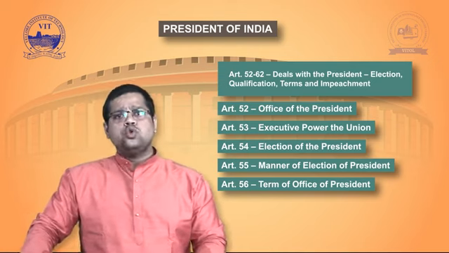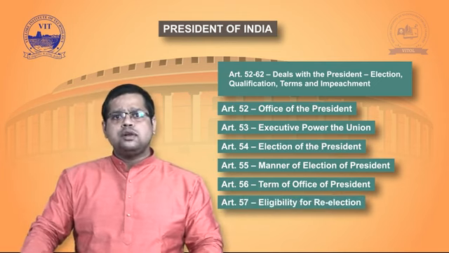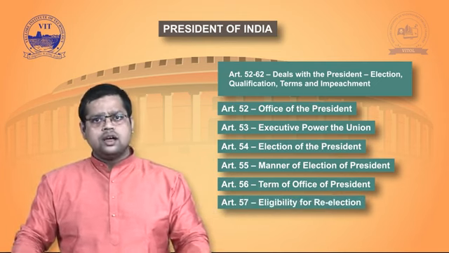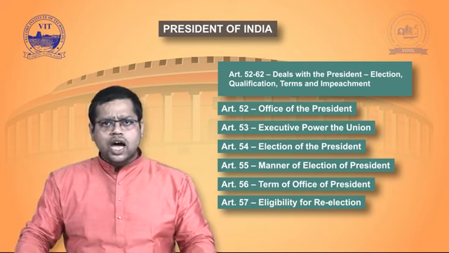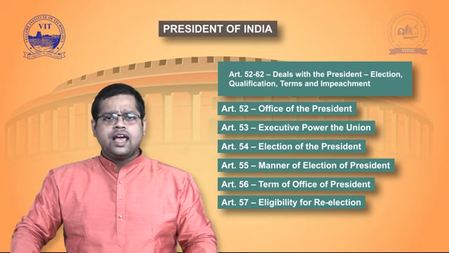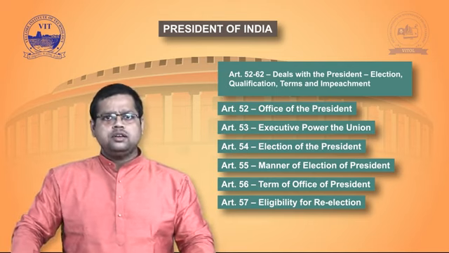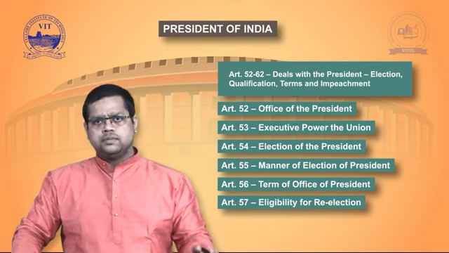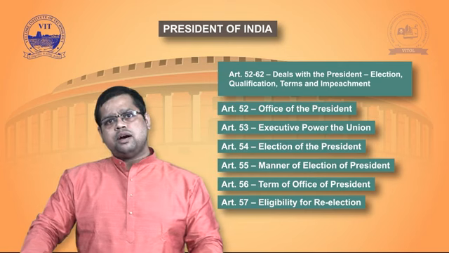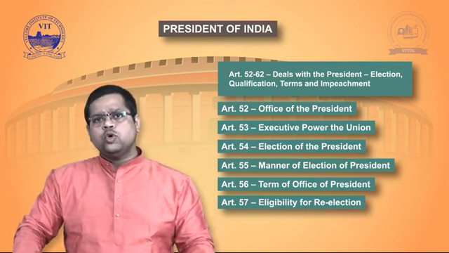And then you have Article 57, which makes it possible for a person to be re-elected to the position of president. That is, there is no bar on re-election. Unlike the US Constitution, which caps a person from continuing in office beyond 2 terms. That is, no person can become a president of the United States of America for more than 2 terms.